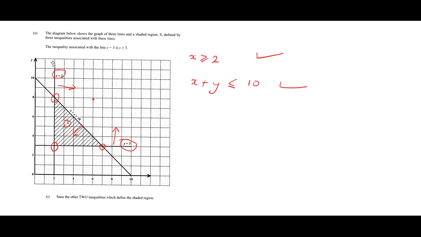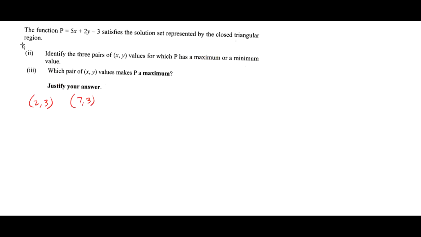And the last point is this one here, which is 2, 8. So whenever we have to find a maximum or a minimum value, it's going to be one of the vertices of the triangle, or if it's a square, its vertices. So I just read off the coordinates of the vertices of the triangle.